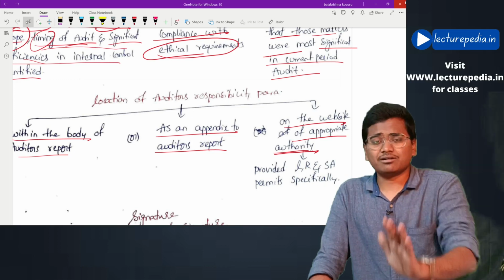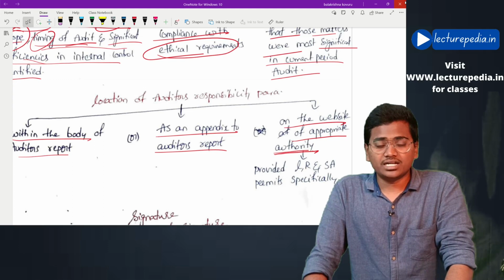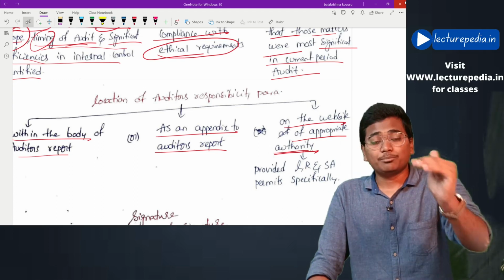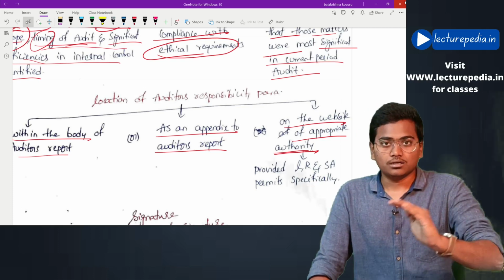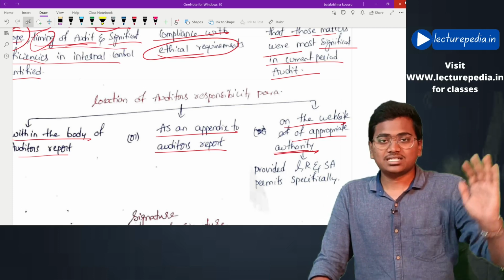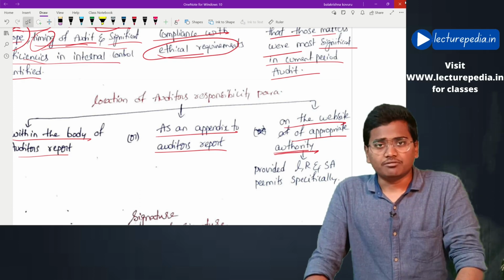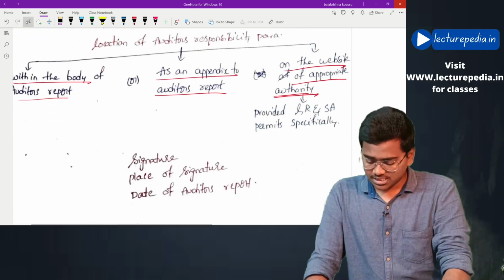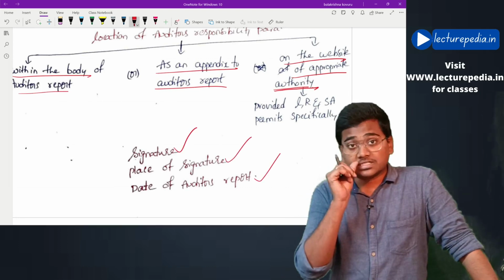Those will be covered under report on other legal and regulatory requirements, which has to be bifurcated in the audit report. Okay, there should be clear bifurcation between auditor's responsibility paragraph and the report on other legal and regulatory requirements. Hope this is clear. After that we'll be having signature, place of signature, and date of auditor's report.